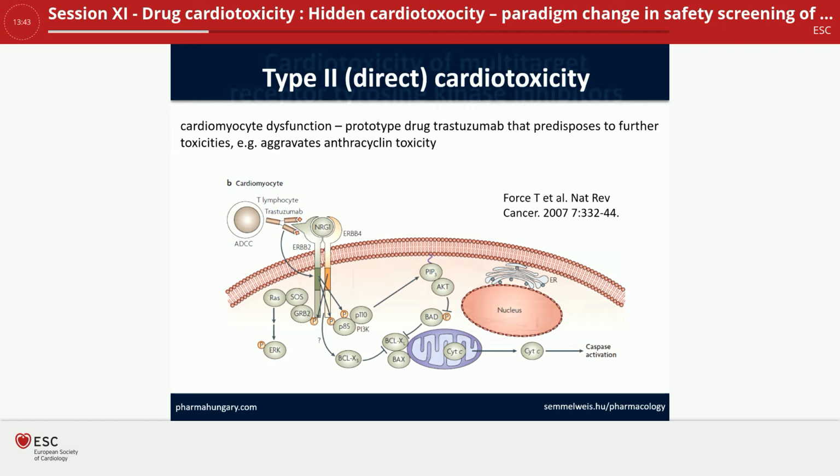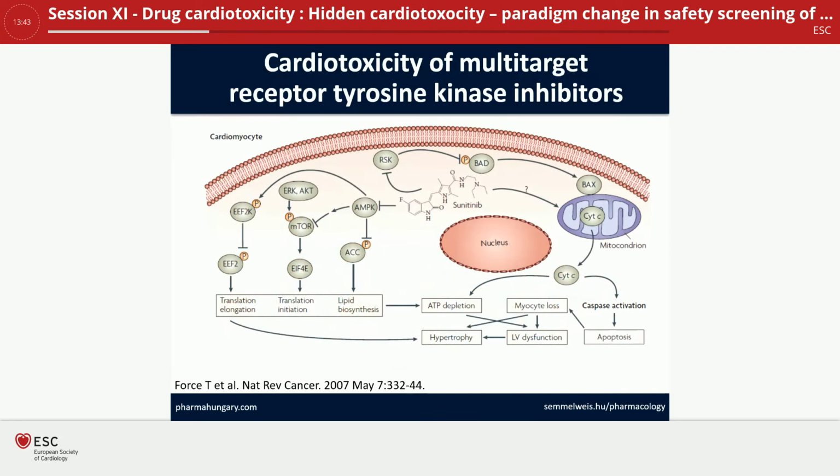Then there is the cardiotoxicity of multi-target receptor tyrosine kinase inhibitors, which are a lot of new drugs of this type. Here you see that sunitinib, for example, affects the ribosomal S6 kinase. They inhibit AMPK, and therefore they inhibit or liberate the mTOR pathway.